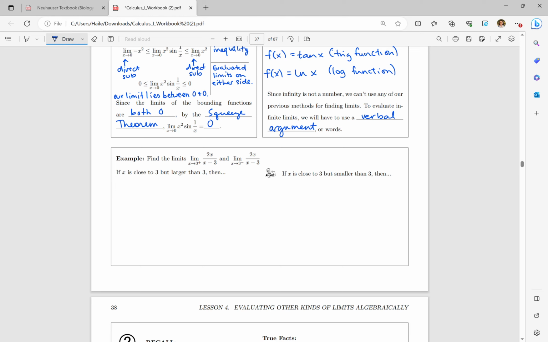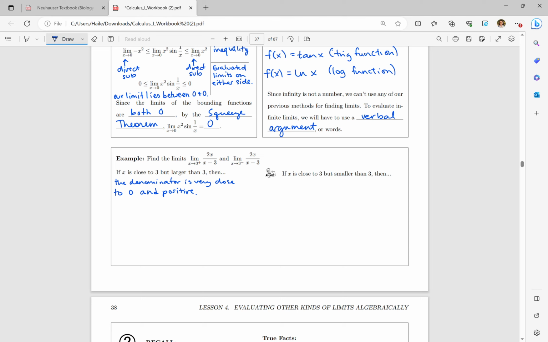Then the denominator is very close to 0 and positive. So if we take something like 3.1 and we subtract 3, we're going to get a really small number, so very close to 0, but that difference is going to be positive.